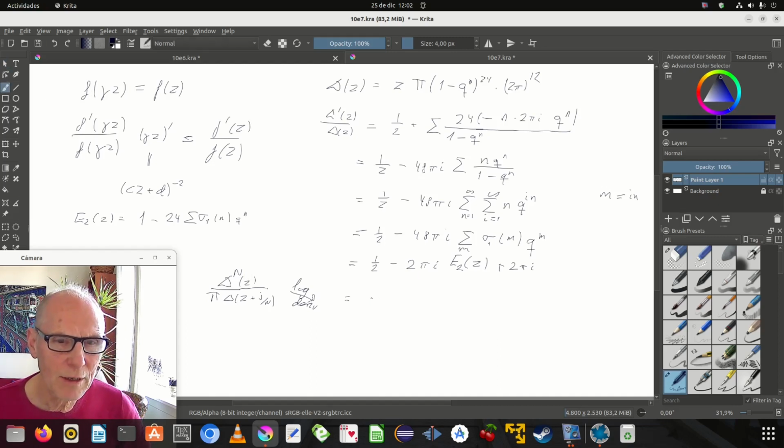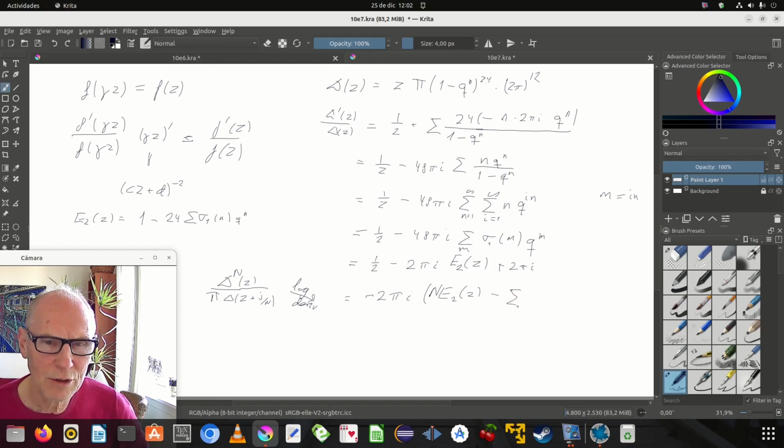And then we get minus 2pi E2 of Z times n minus the sum of the translated E2s.